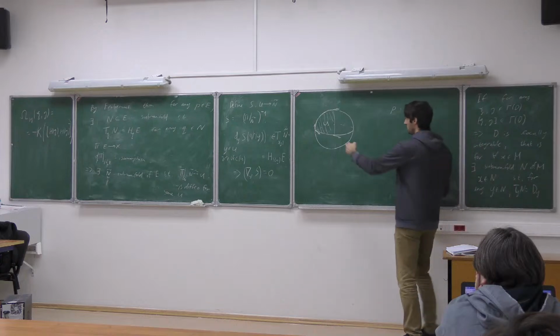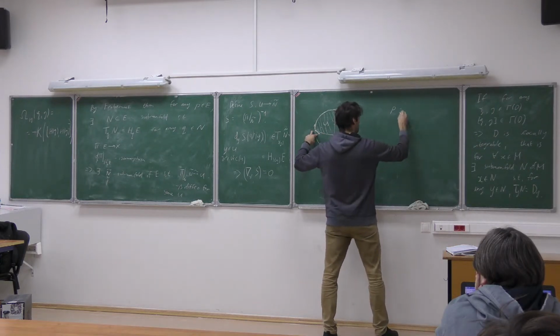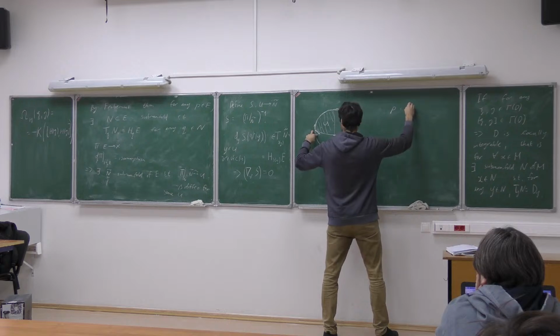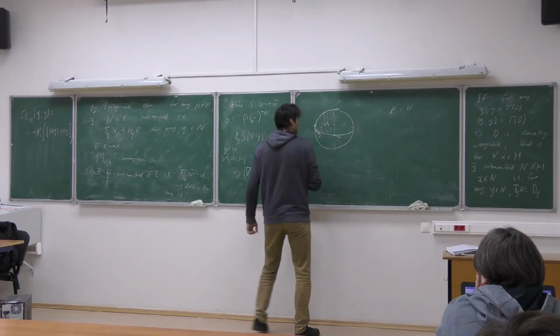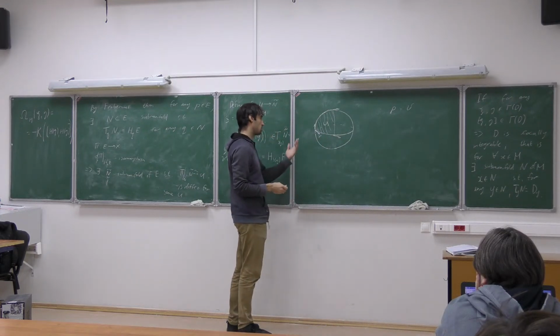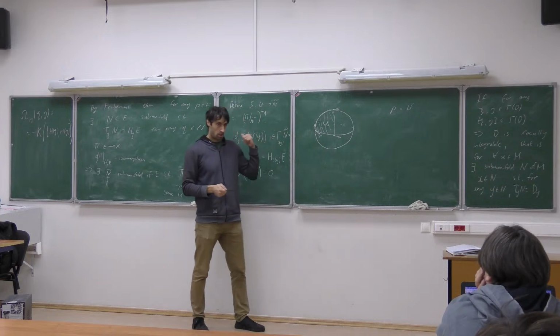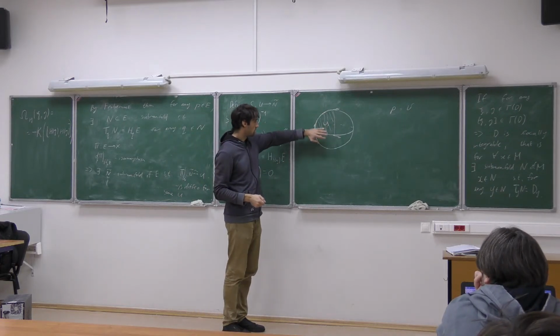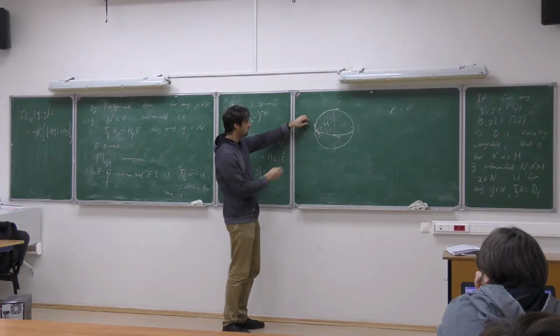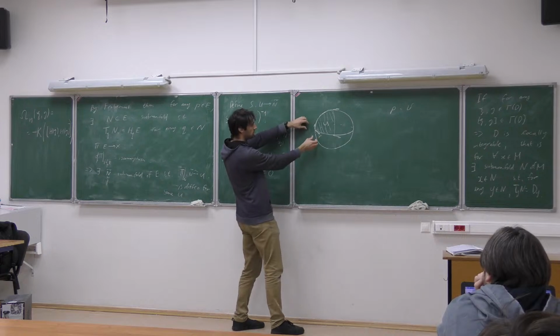My P is this vector V that I chose here. And suppose that my curvature is 0.